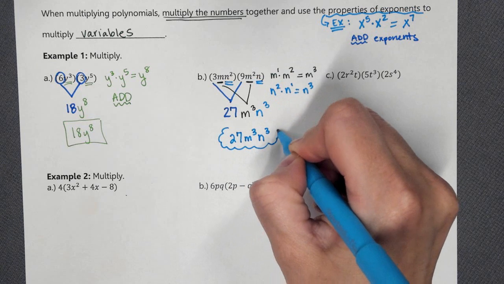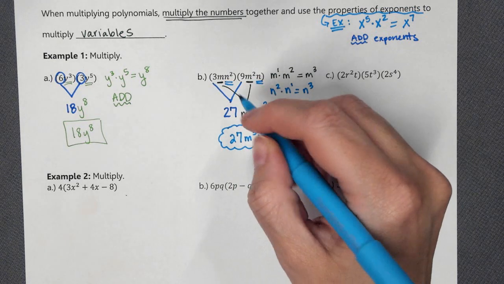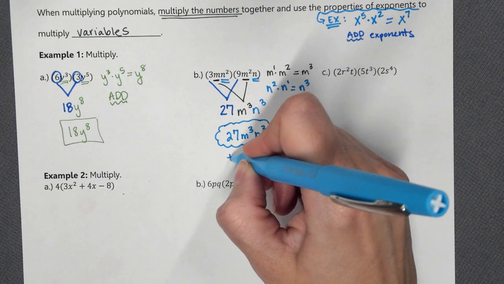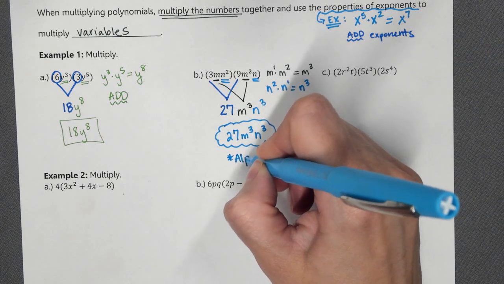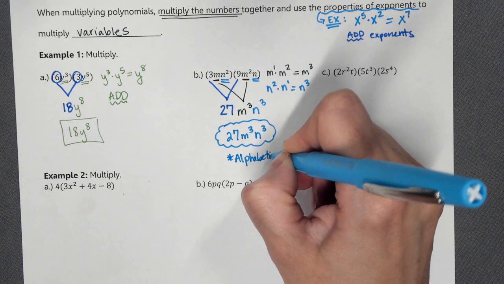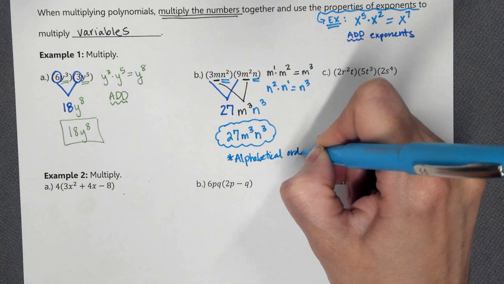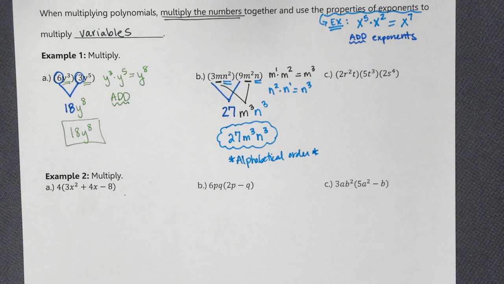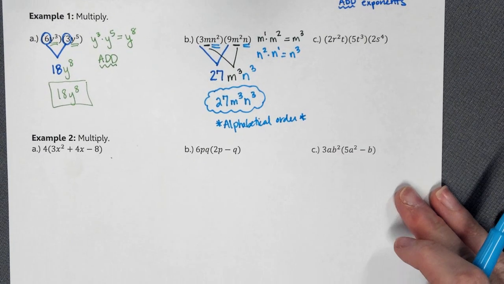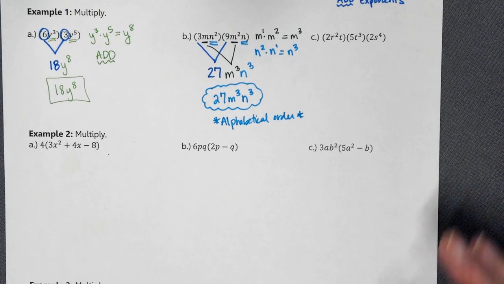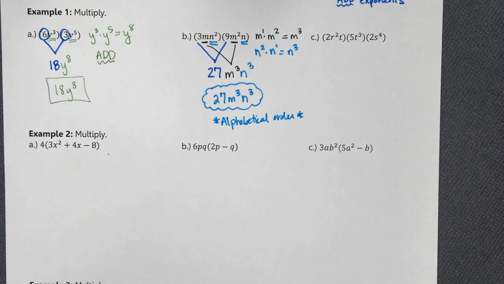When you're writing your final answer, you're going to write them in alphabetical order. That's why the m comes first. Now even if there's 3 of them, you're still just going to multiply all those together.